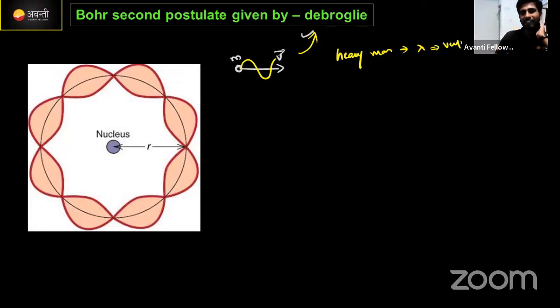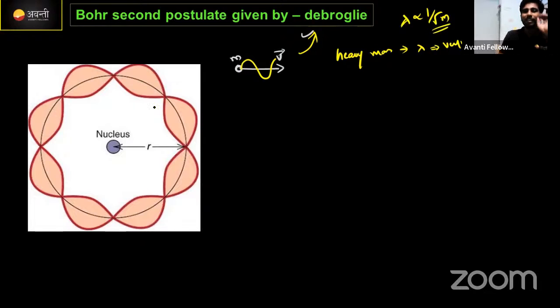At that time, the lambda value came around 3 into 10 to the power of minus 37 meter, in my class only. Just imagine, we can't measure it. According to de Broglie, the wavelength is inversely proportional to the square root of mass, as we told. The smaller the mass, the larger the wavelength.